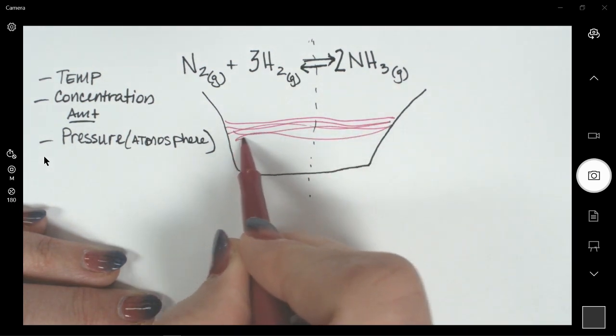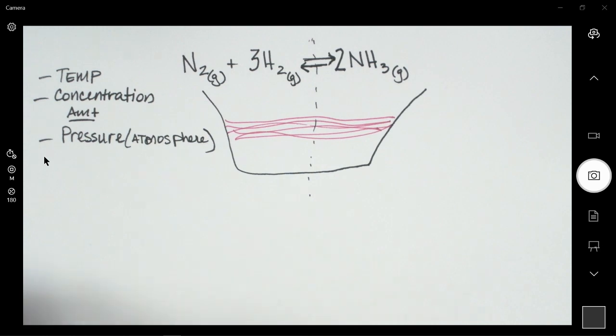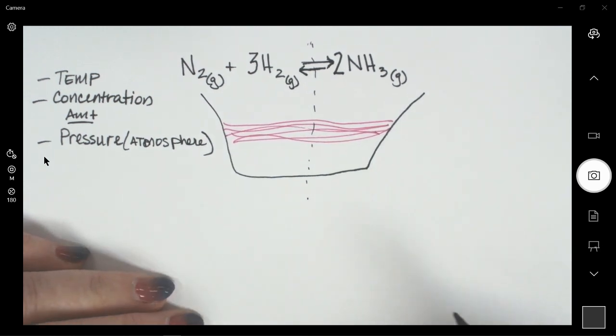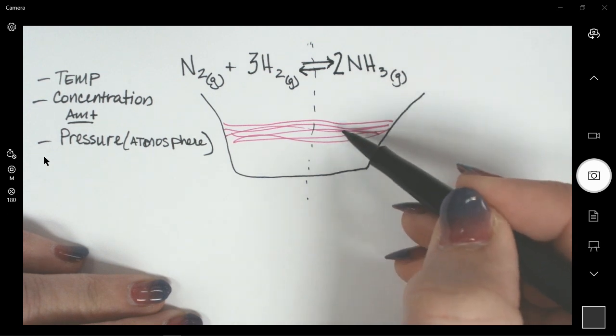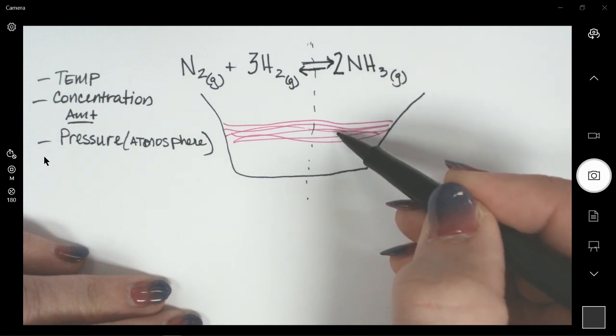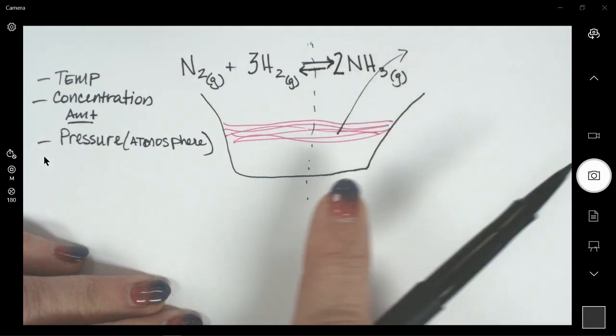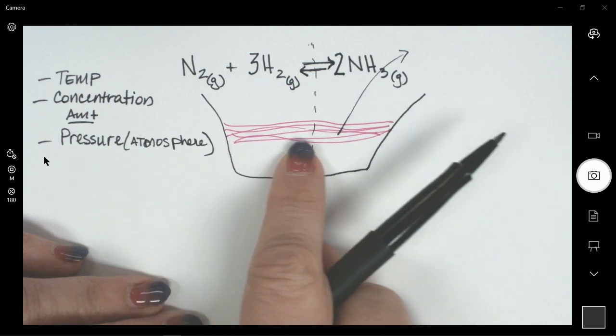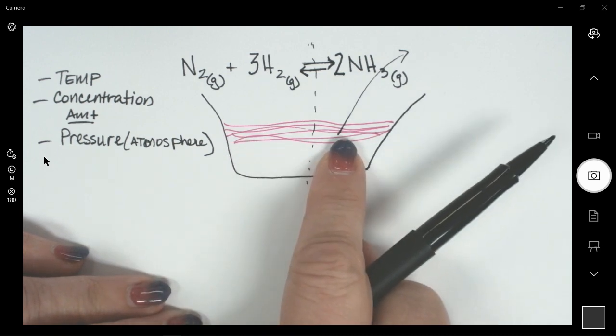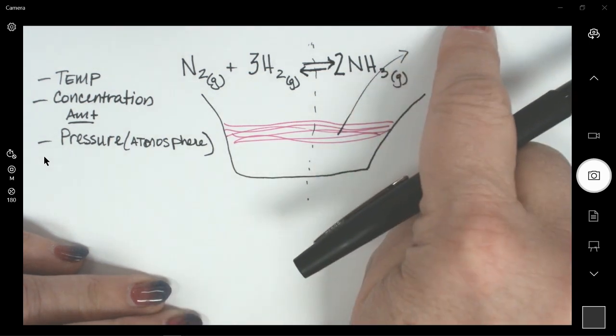Nice, delicious ketchup. If you were to dip a French fry into this side of the ketchup, and the ketchup sticks to the French fry, and then you stick it in your mouth, right? What's going to happen to the equilibrium of the ketchup, or which way will the ketchup flow? Towards where you took it out.